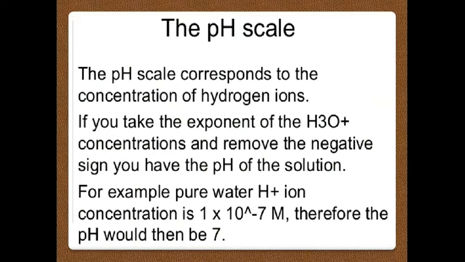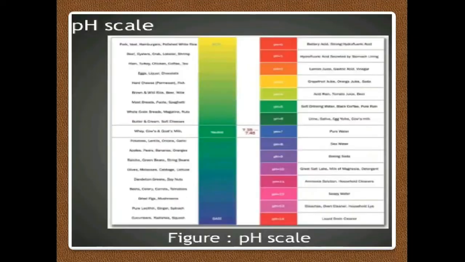For example, take pure water. The H+ ion concentration will be converted into a pH value. So the pH of that solution would be 7, because it has 1 × 10^-7 molar H+ ion concentration.